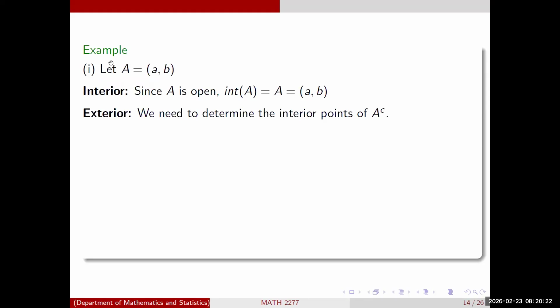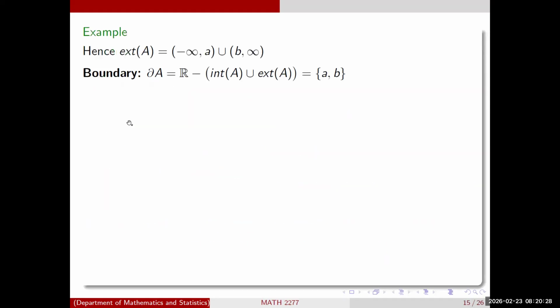Okay, so in this example, we know the interior and we found the exterior. So the boundary is just the real numbers, and I'm going to remove from that. So this is not subtract, this is set difference. This means take the real numbers and remove from it these sets.